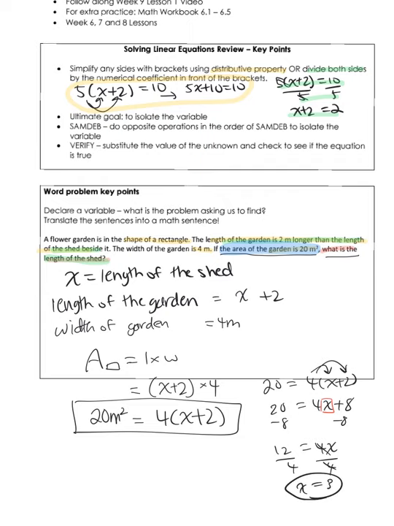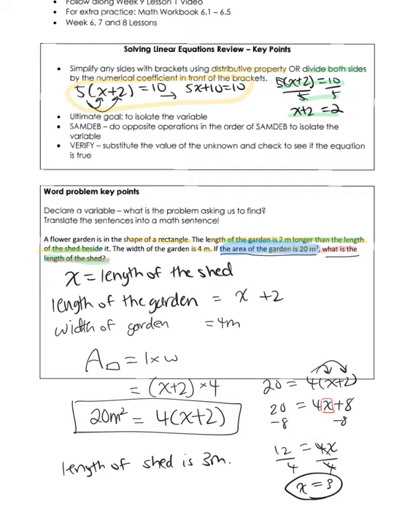Okay. We said, going back to our problem, x is going to represent the length of the shed, and x is equal to 3. So the length of the shed is equal to 3 meters. Okay, we don't want to forget our units. Okay, so we just end with length of shed is 3 meters.